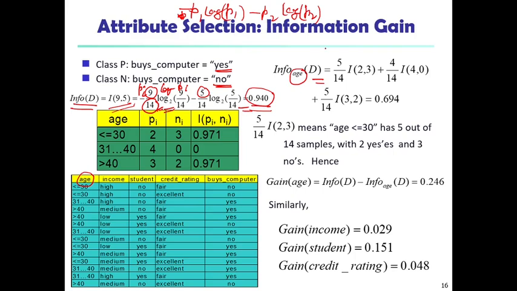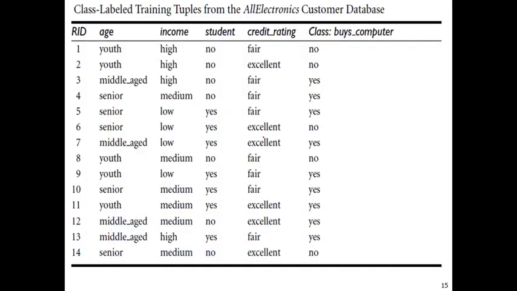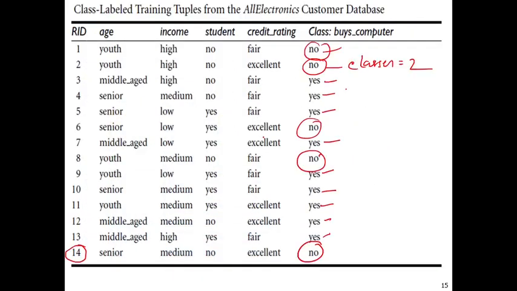So what is happening here? 5 by 14. For the age attribute, if you see this one, it is 5 by 14.